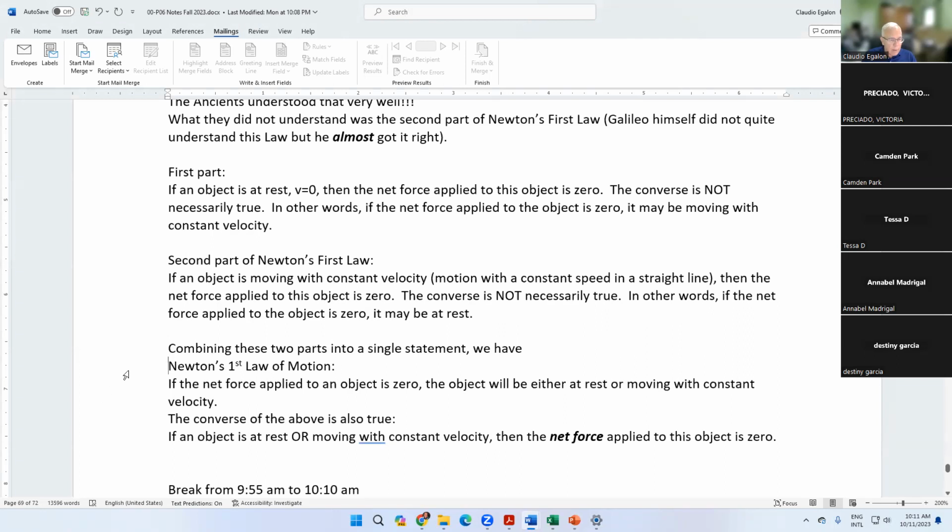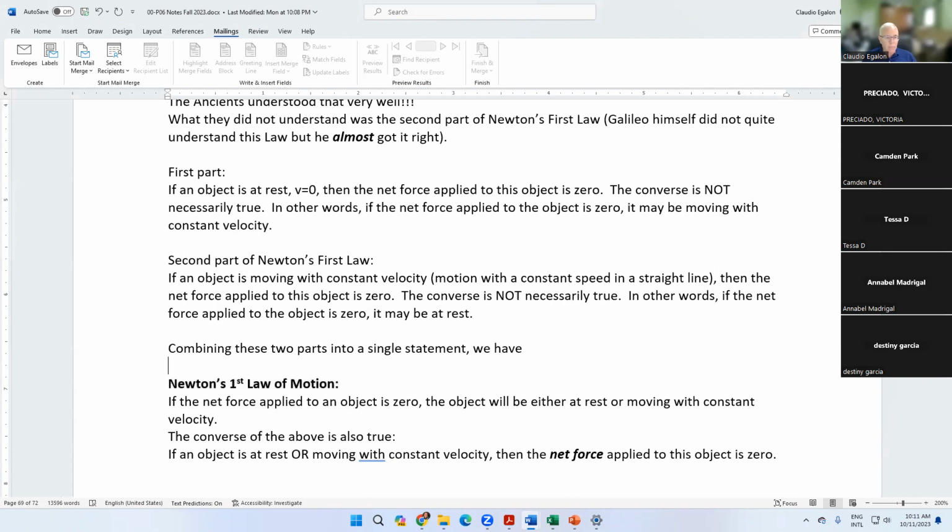I'm going to bold face it. I'm going to emphasize the "or" here as well. And don't forget, that was the second part that the ancients didn't quite understand.